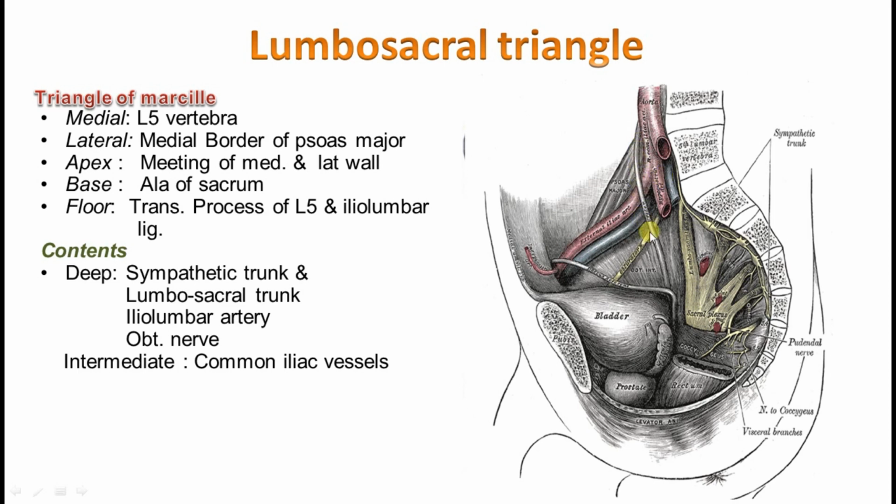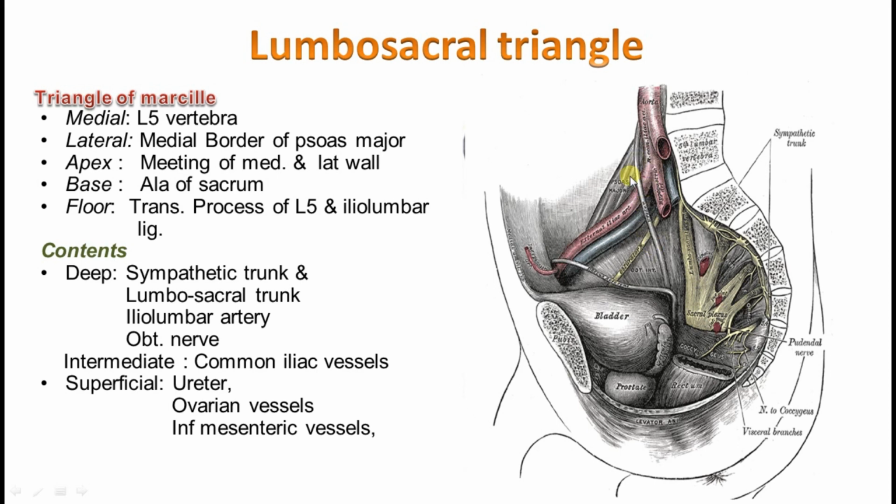Then superficially, what you see crossing is the ureter. Then you have the ovarian vessels. Okay, and then inferior mesenteric vessels, they also cross the pelvic brim to supply the lower part of the sigmoid colon, rectum and all those things.